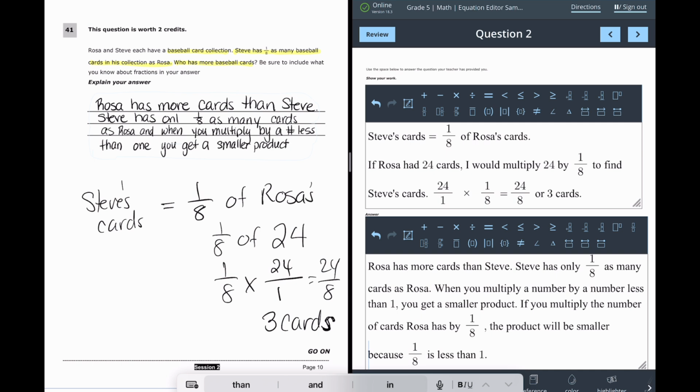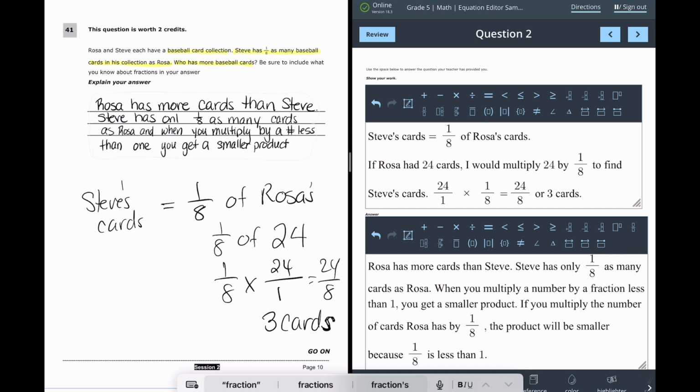Done. And that's all I have to put. So I'm showing what I know about multiplying by fractions. If you multiply by a number less than 1, and I'm even going to put a fraction less than 1, you get a smaller product.